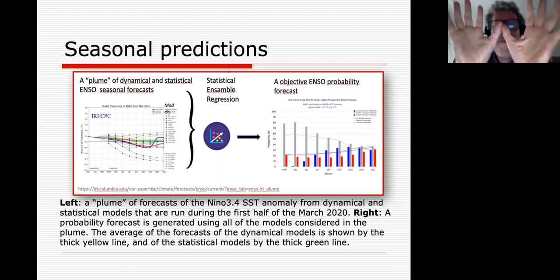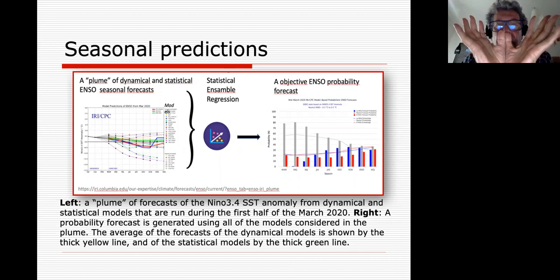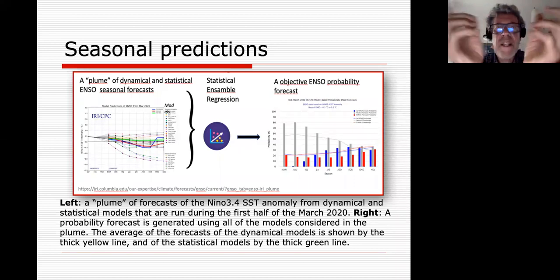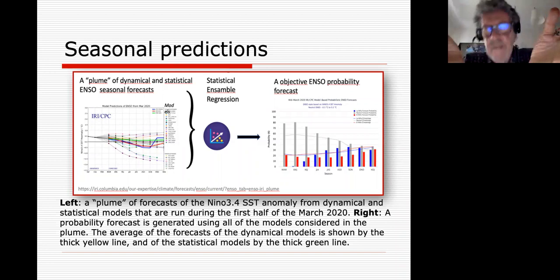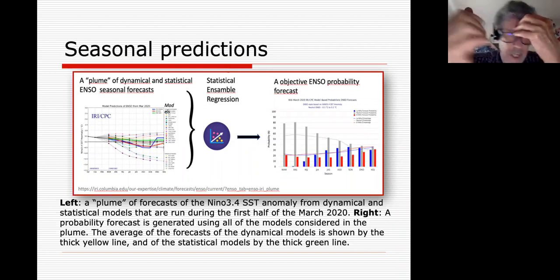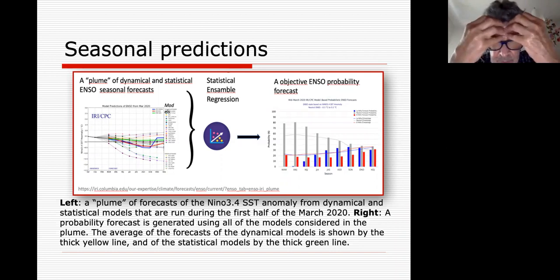The ENSO pattern has an important influence on the weather conditions of a vast area around the Pacific coast, but also in Africa and in other parts of the world.